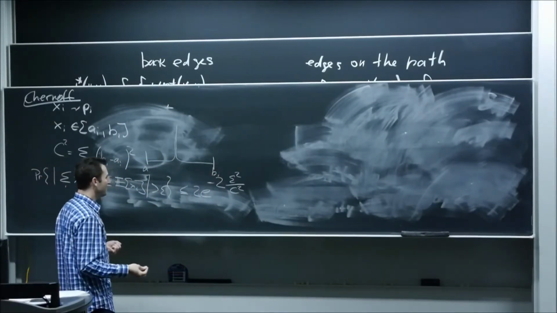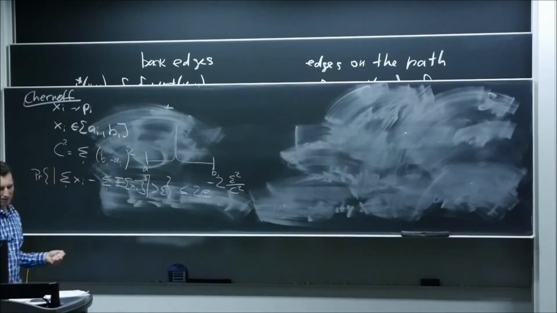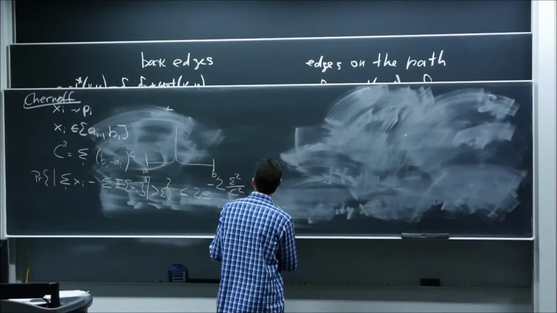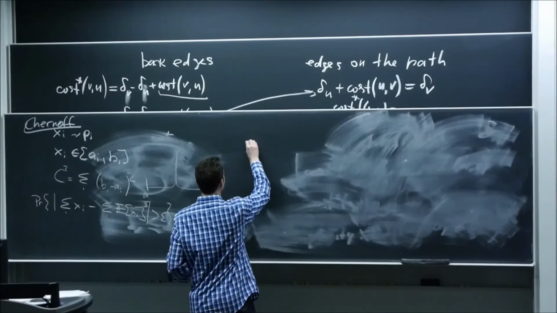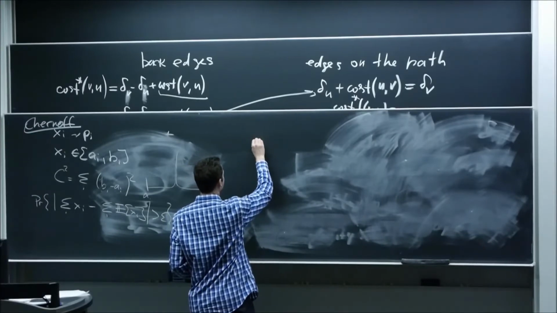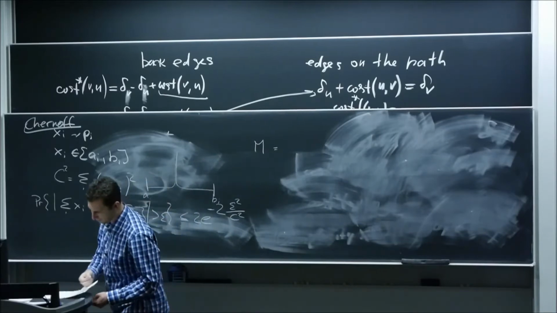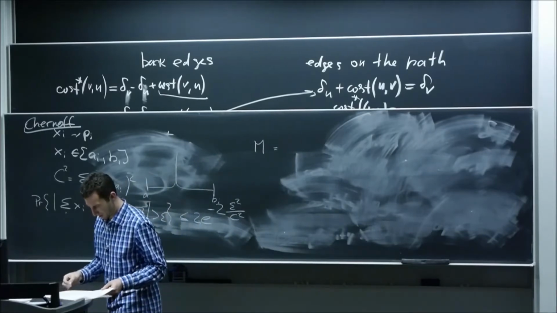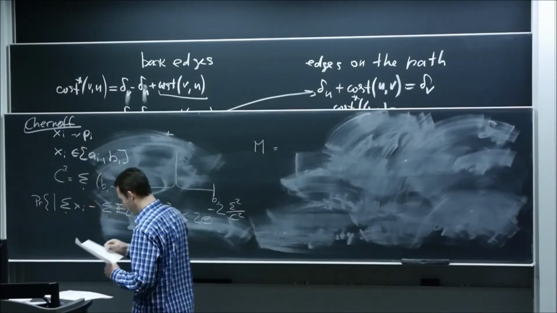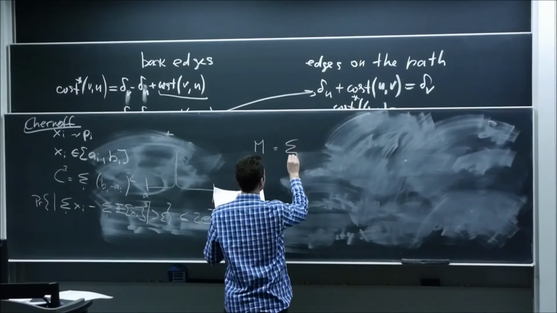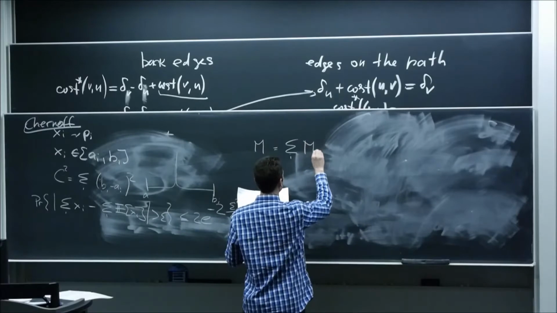But if not, this is actually a pretty good proxy. So now if I have a matrix, let's say I have some matrix M, and it's given by a sum over i of mi.